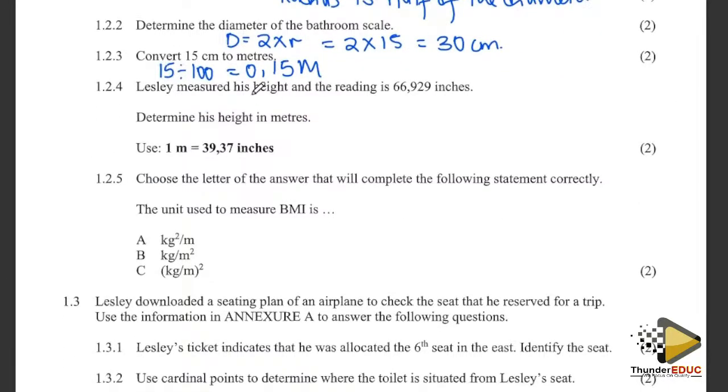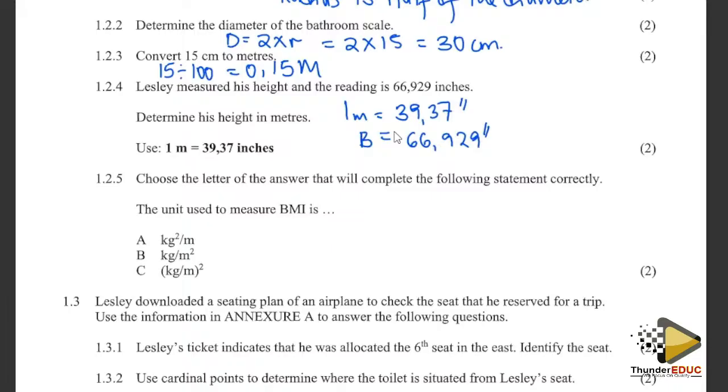Let's measure his height, and the reading is 66.929 inches. Determine the height in meters. They have already told you 1 meter is equivalent to 39.37 inches. So if 1 meter gives me 39.37 inches, what about if I have 66.92 inches?